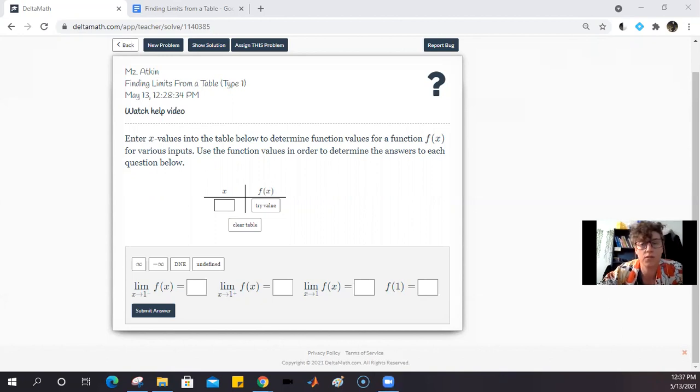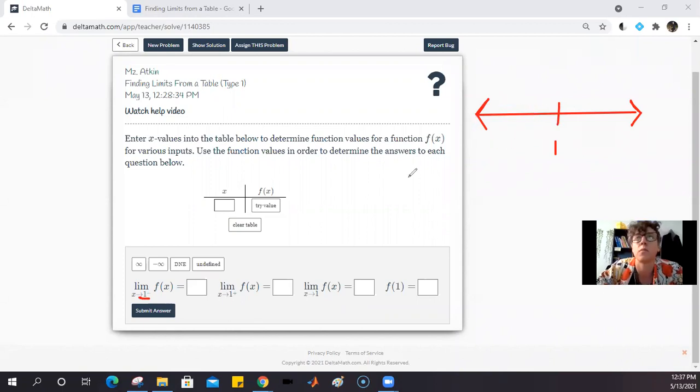Okay, so I kind of want us to think of a number line here. And we are most interested in the value of 1. So I'm going to put that right here in the middle. We'll be looking from the left first, over on this side.